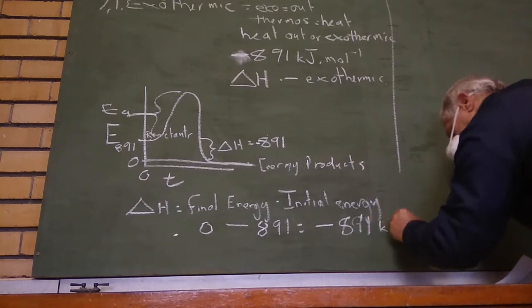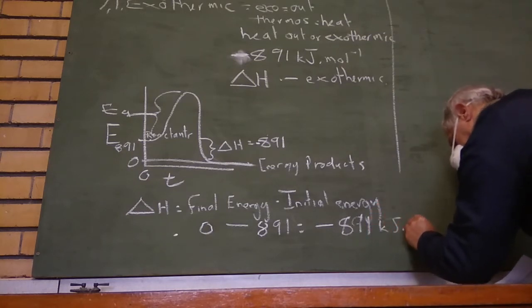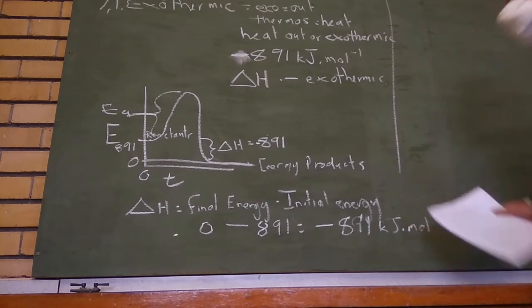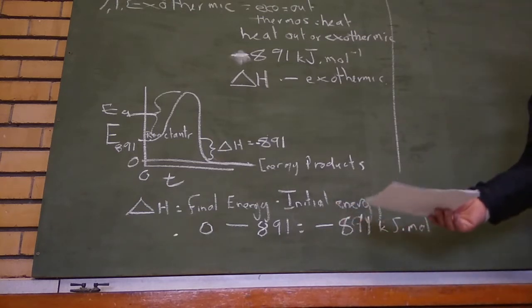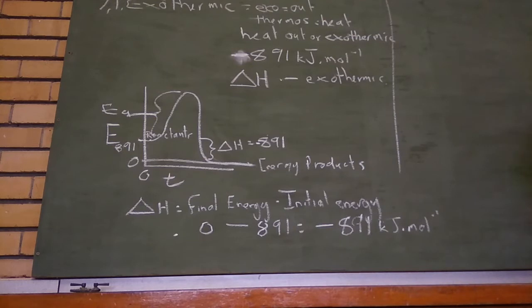Now, they said combustion of methane, and you said that means it's exothermic. So how are we going to know that it's endothermic? What word are they going to use? If it's endothermic, your delta H will end up positive. An endothermic reaction looks like this.